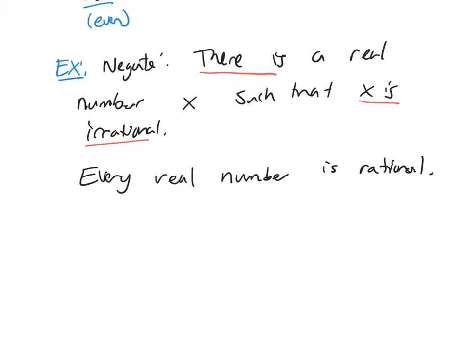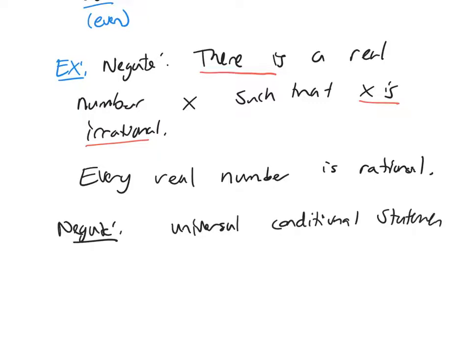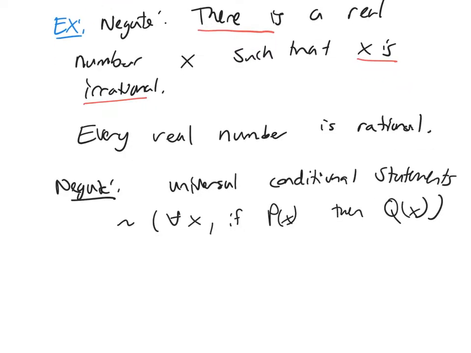Remember how to negate. So I do want to mention this isn't a problem. We're just going to review this. Remember how to negate universal conditional statements. So if I negate for all x, if p of x, then q of x, well, you negate the universal part, so it becomes existential.